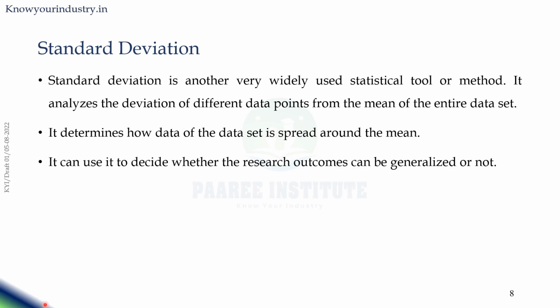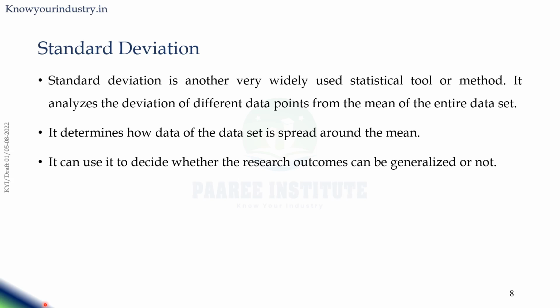There is a relationship between the mean and standard deviation, and the standard deviation will indicate how the data is distributed within the data set. If the standard deviation is low, the data is normally distributed and you can take a decision on the particular analysis based on the mean.